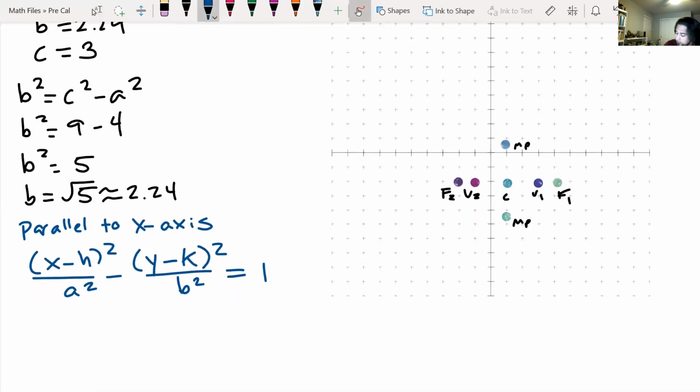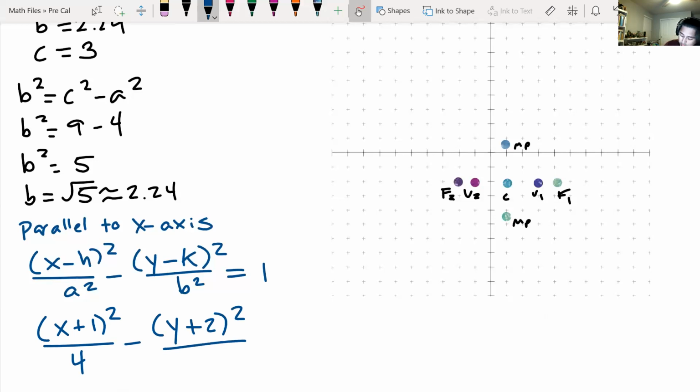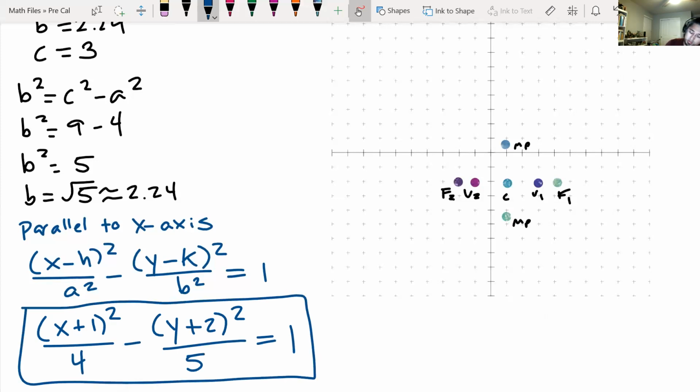For our equation, we're going to have x plus 1 squared over a squared, which is 4, minus y plus, we go down 2, squared over b squared, which is 5, equal to 1. So there's the equation of our hyperbola.